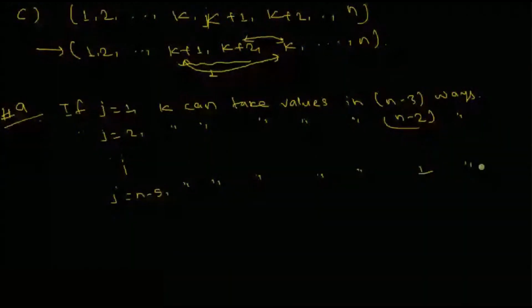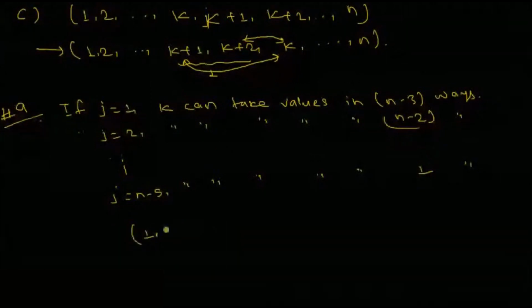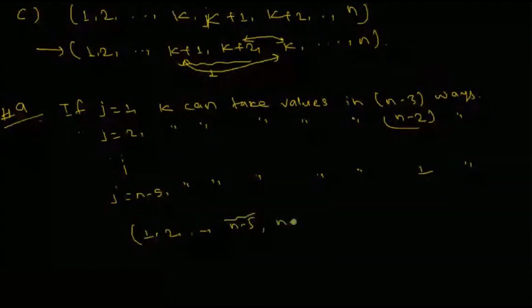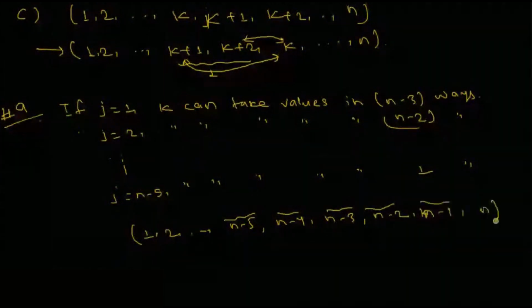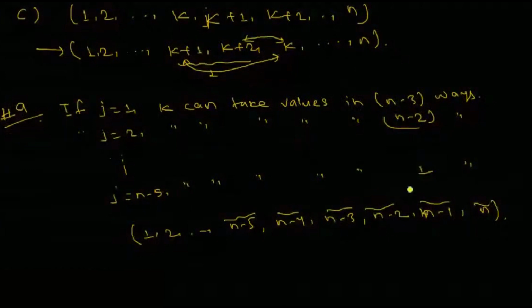Why? Because I'm just writing the last sequence, 1, 2, up to n minus 5. So this is j, this is j plus 1, this is j plus 2, and then after here comes k, here k plus 1, and this is k plus 2 at the top. So this is the last possible case, and here k can take values in exactly one way, right?